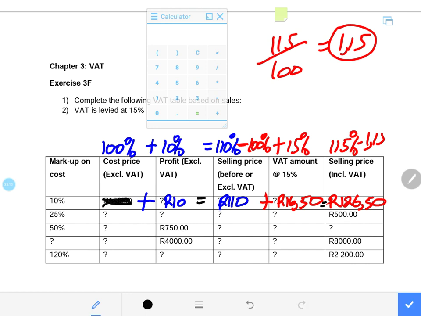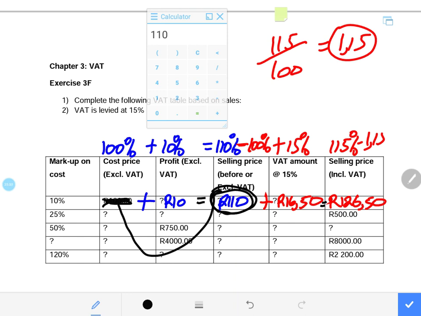Remember, in this case, this is what I have, and I want to get to what I don't know, which I know already is 100. Now I'm proving that it is 100 before the 10% was added. I'm saying 110, which includes the 10%, times 100. What I'm looking for is the cost price before 10% was added, so I divide by 110.